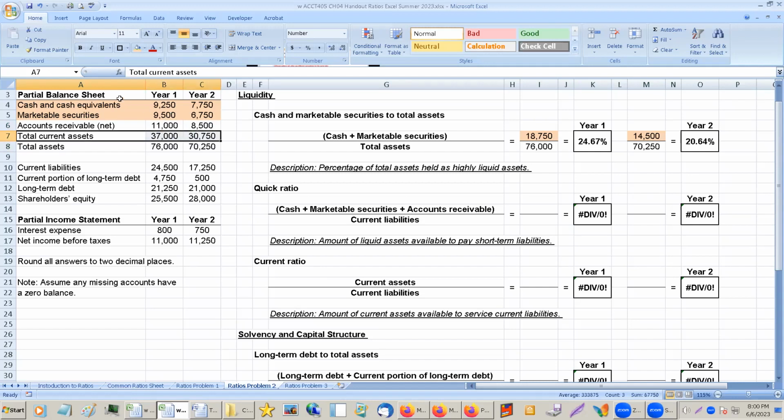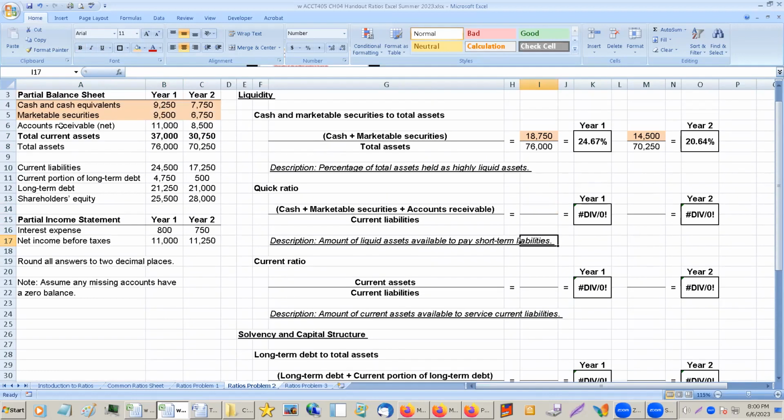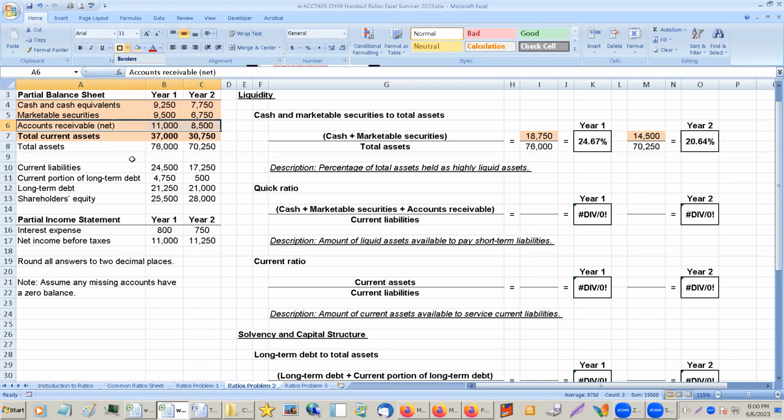So if those three are the current assets, you can just use this number down here. If all of these are the same ones. Yeah, it looks like they are.